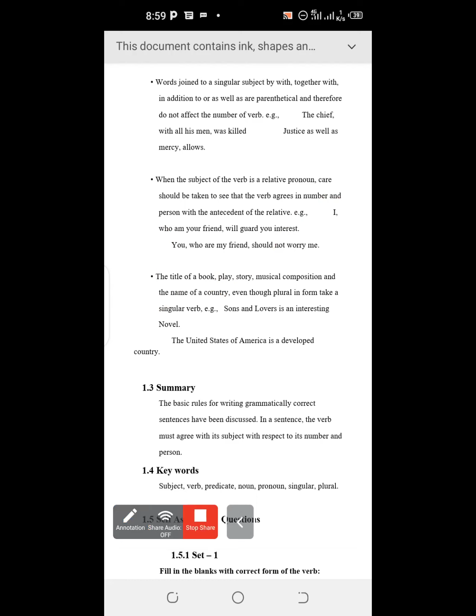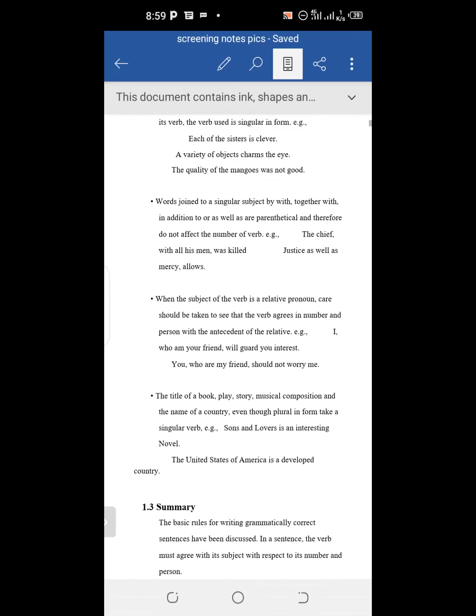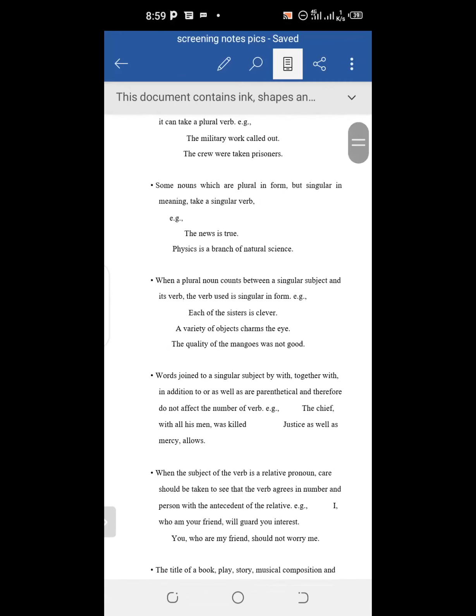For example, 100 Snakes. 100 Snakes is a very good movie. So we cannot say 100 Snakes are a very good movie because 100 Snakes is the title of a movie, and so on.